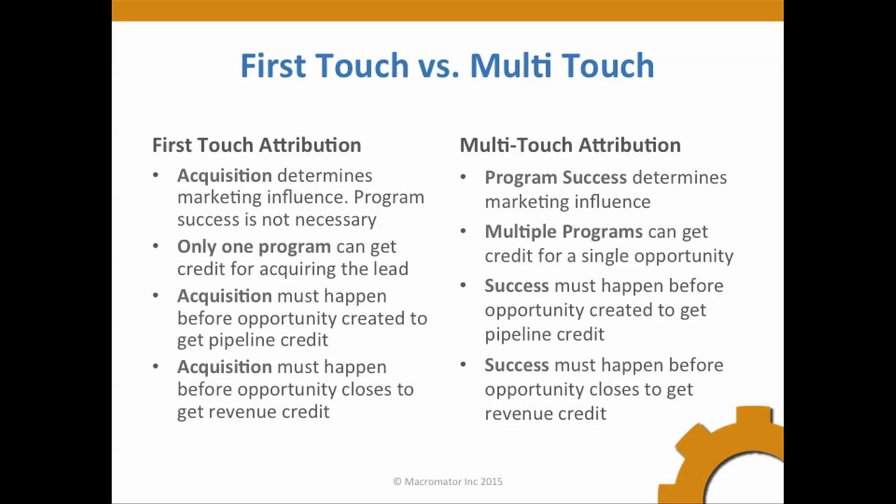And in the concept of multi-touch attribution, the lead goes through various programs, and then the successes of those various programs and the cost is split over the successes of those various programs for an opportunity that's closed. So at a high level, that's the concepts that you want to work with. When you try to come up with attribution models, just keep in mind first touch and multi-touch attribution. Again, pick one and stick with it.